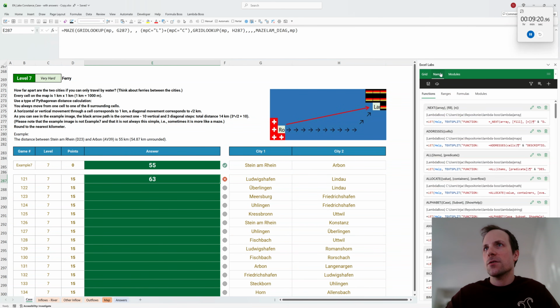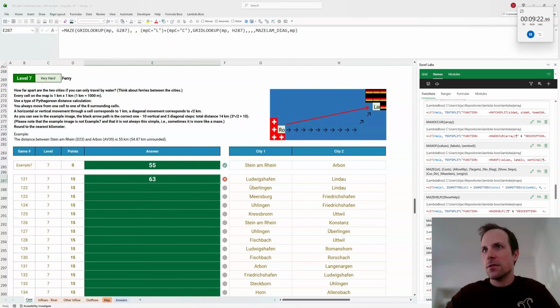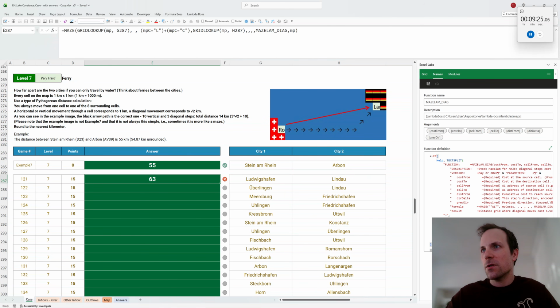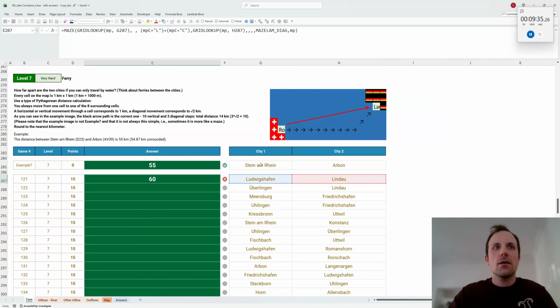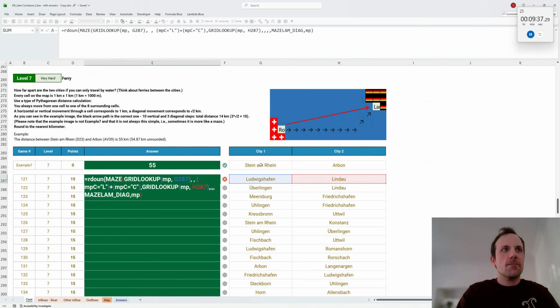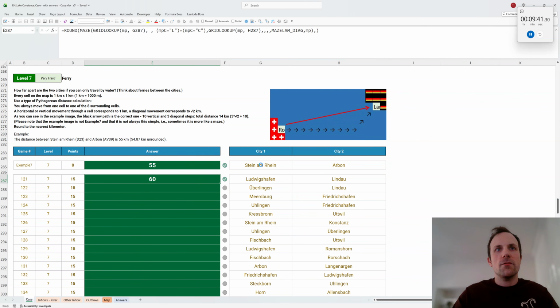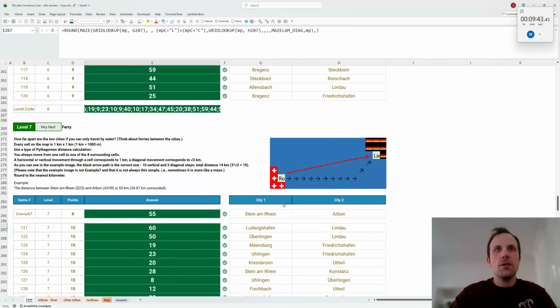So that means I need to go and adjust it. So I go down to the maze lamb diag lambda and change 1.5 to square root of 2. Done. And if I now round that, should give me the right answer. Copy down. Hooray.